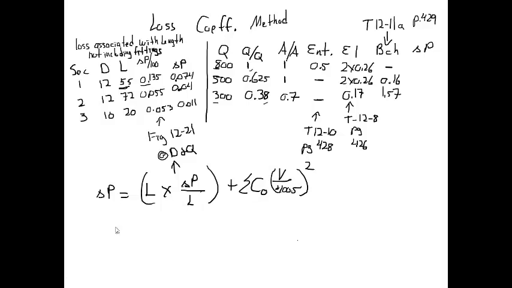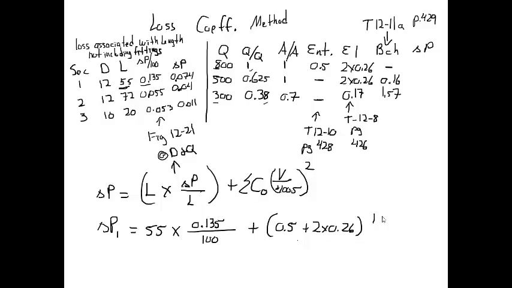So if we do it, for example, for section 1, we get 55 feet, right, is the length of section 1 times the loss, 0.135 inches of water per 100 feet of length, plus the sum of all the coefficients, 0.5 for the entrance, and then there's 2 elbows, multiplied by the velocity.